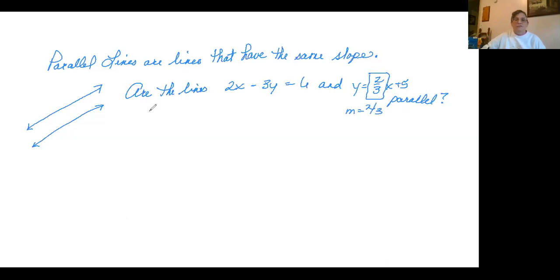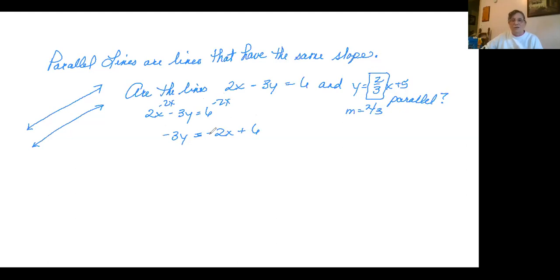To get the slope of this line, we need to solve it for y. Never takes but 2 steps. Subtract 2x from both sides. So minus 3y equals, I'm going to go ahead and put this term first, but it doesn't matter. The slope is the coefficient of the x.